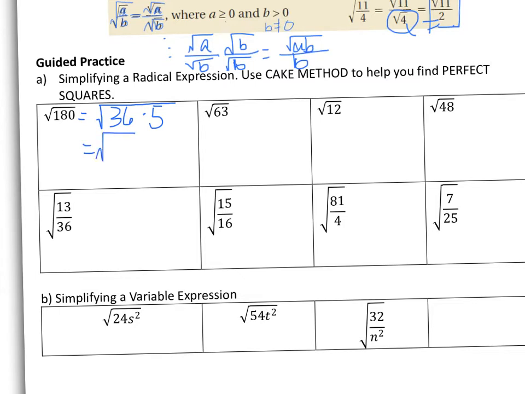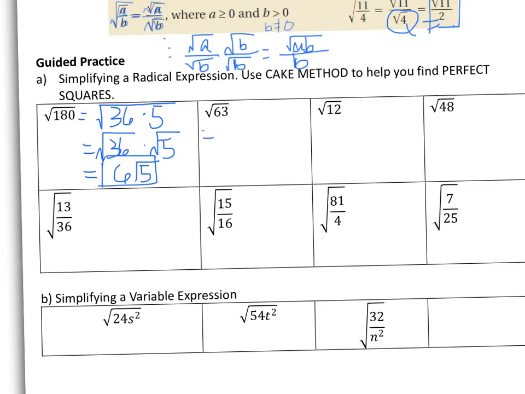So I can split this up, and the radical of 36, which is a perfect square, is just 6, and radical 5, can't do anything else with that, 6 root 5.